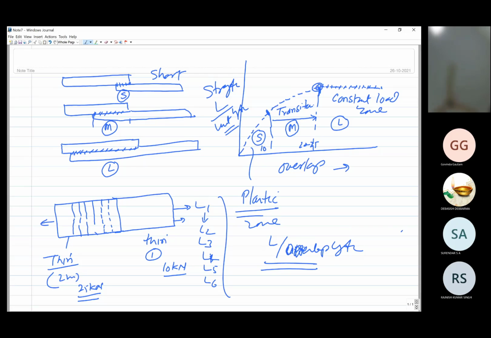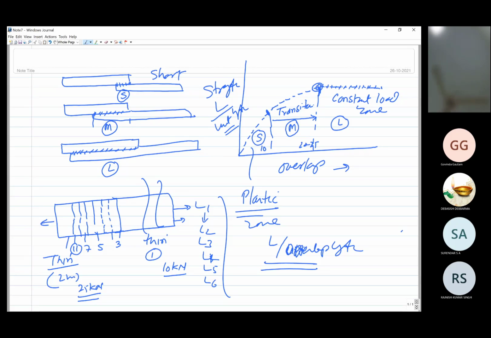It is possible that initially, when you had a very small overlap length, it was offering you just say 3 kilonewton, then 5 kilonewton, then 7 kilonewton, then 11 kilonewton. The moment your strength becomes 11 kilonewton, you will find that it has failed from the weak joint.